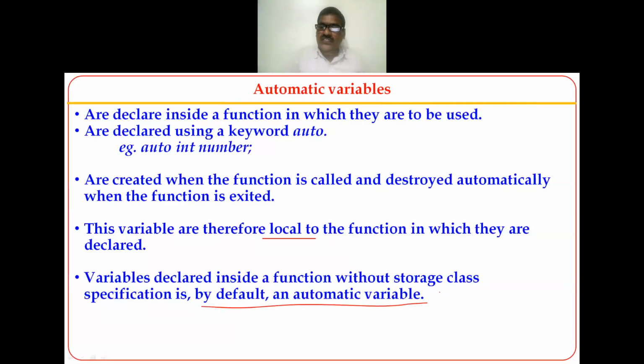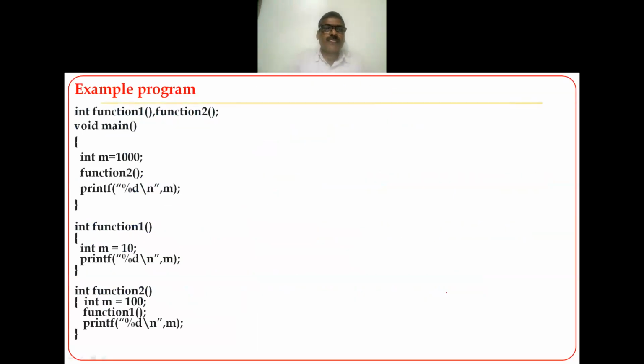Among the four storage classes, auto, extern, register, and static, if you don't use any storage class, the default is auto. Till now we have not used any storage class while declaring variables in a program, so by default all those variables are treated as auto variables.